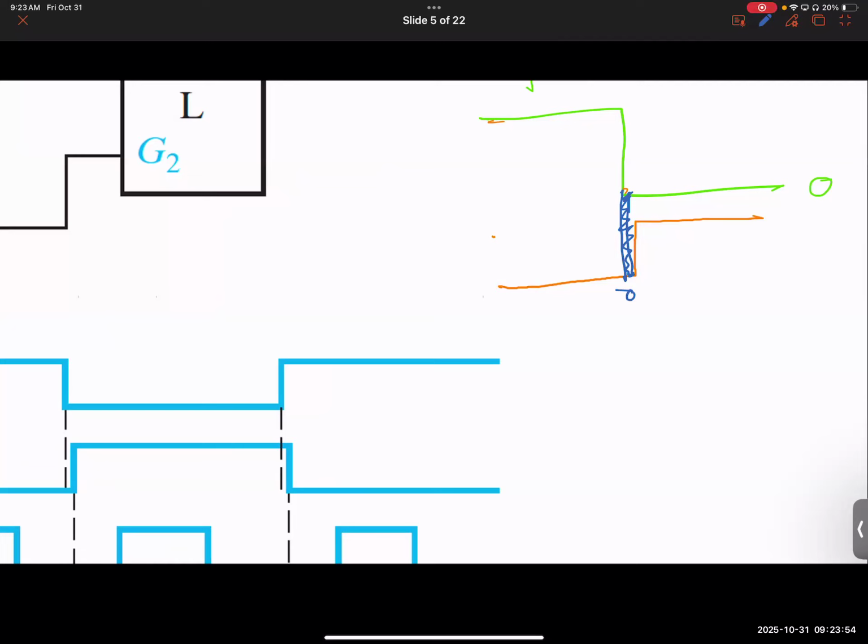So both of them can be activated for a small period of time, and that period of time is always at the edge, always at the edge. So it could either be both 0 or both 1. Okay? So that's how naturally it detects the edges and responds to the edge, and then it stops.